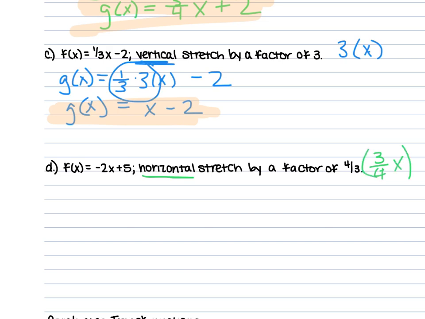And since it's horizontal, it happens inside the parentheses. So we have negative 2 times 3/4 x plus 5. And now we can simplify this by multiplying our negative 2 times 3/4. So what do we get when we multiply negative 2 times 3/4?